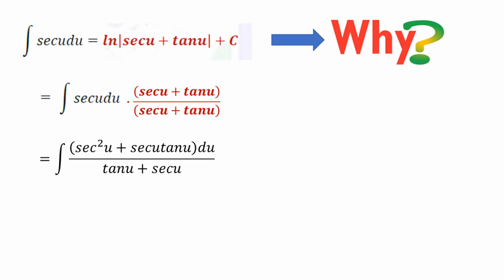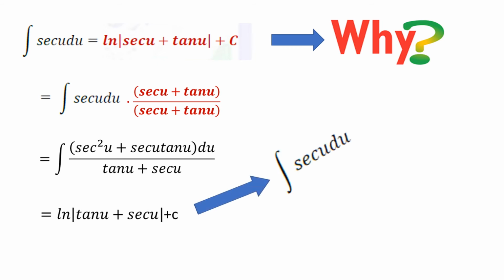It is exactly the differential of the entire denominator. So now, we could just simply apply the logarithm formula. It becomes the ln of tangent u plus secant u plus c. Or we could simply write this following what was given, that the integral of secant u du is equivalent to the ln of secant u plus tangent u.